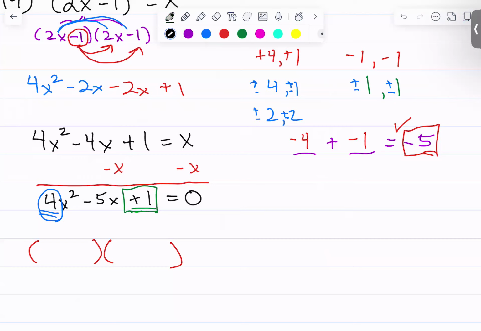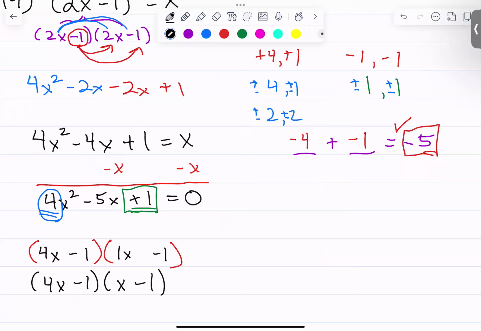So it'd be positive 4x times -1, and then positive 1x times -1. So then we have 4x minus 1 times x minus 1 equals 0.